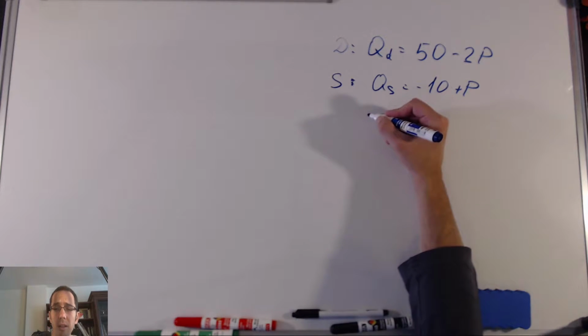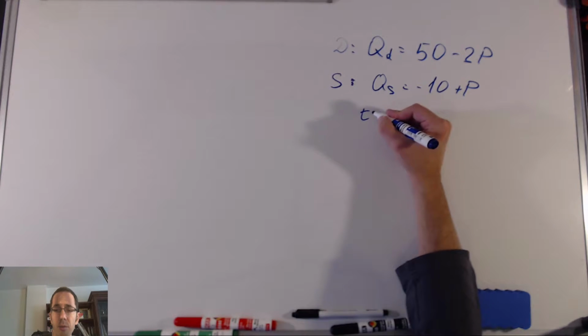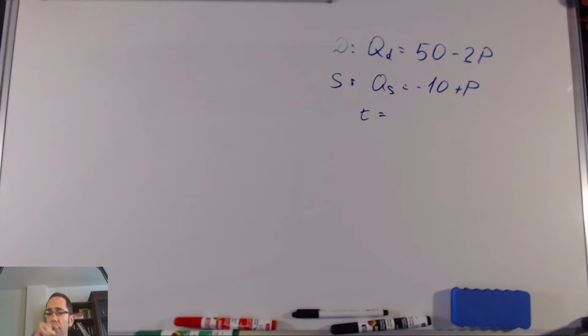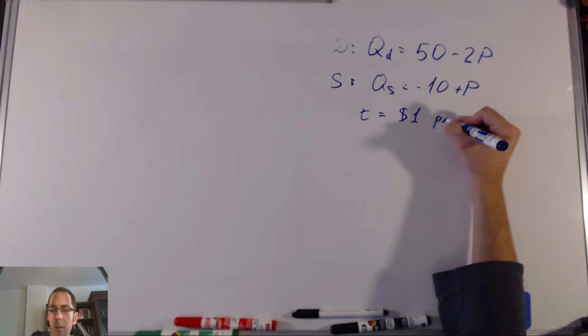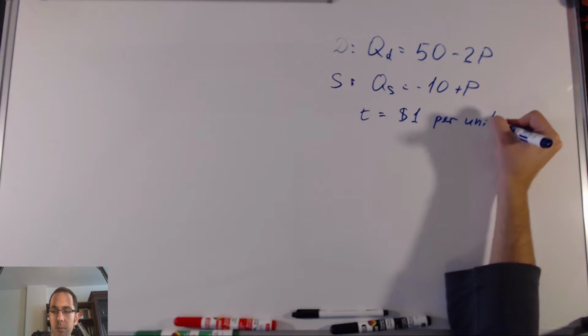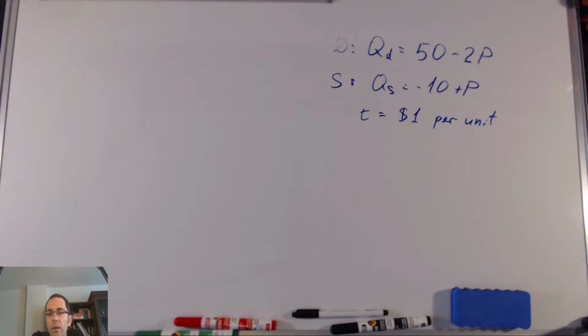We are going to need a tax, and the tax would be equal to, let's say, $1 per unit. And right, let's solve this.